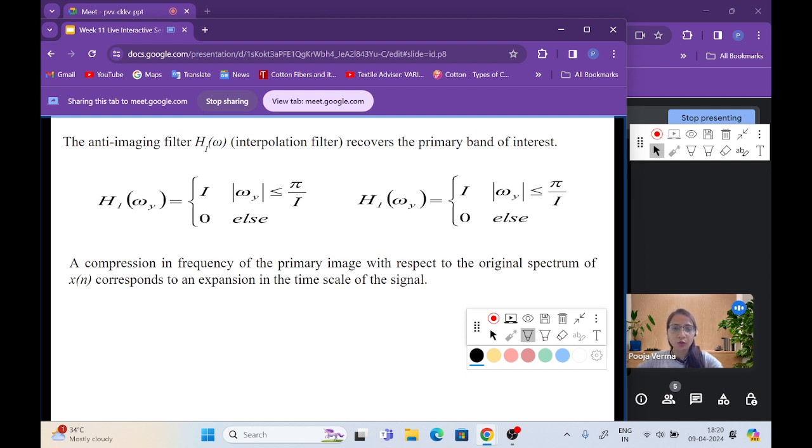That is a compression in frequency of the primary image with respect to the original spectrum of x of n, which corresponds to the expansion in the time scale of the signal. Here, while increasing the size of x of n by adding zeros, we expand the time scale. Okay.